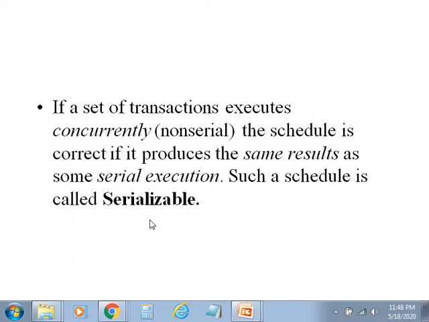Whether both transactions execute serially or concurrently, the final value should be equal. The concurrent transactions' final result should always equal the result of the serial transactions.